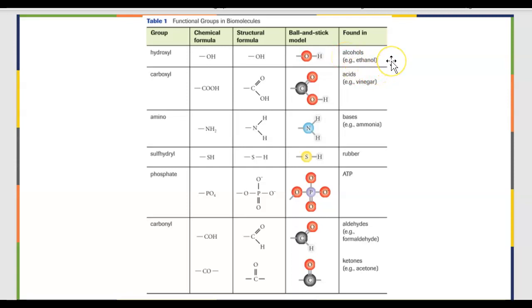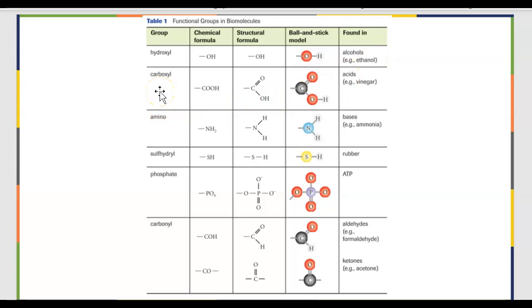Here they give the example of ethanol. If you think about ethane, and you see this substituting for one of those hydrogens, so we have an OH group instead, a hydroxyl group, that's a characteristic of something that has the quality of an alcohol.